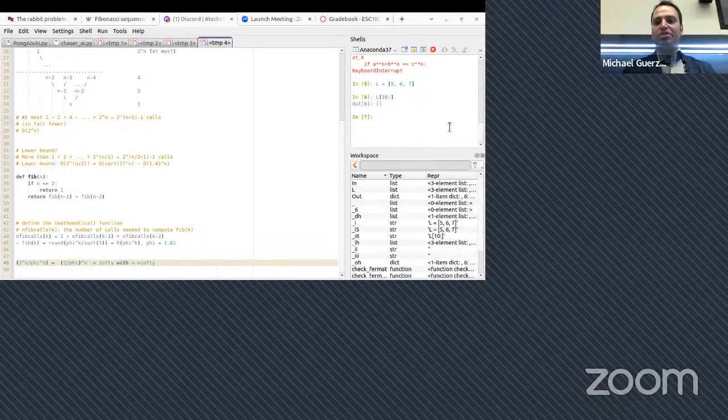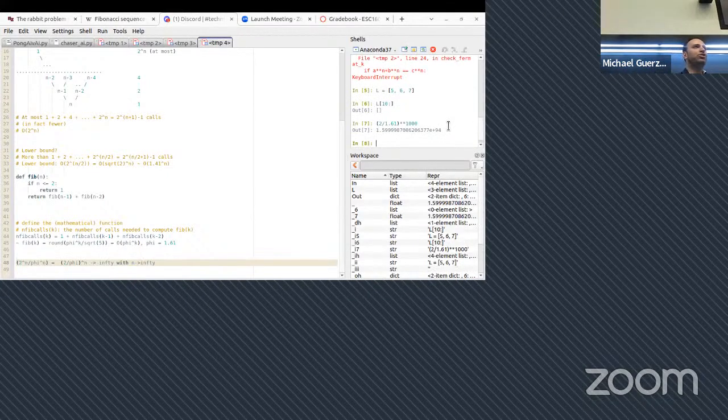So, for example, this would be this much for n equals 1,000. Right, so O of 2 to the n and O of phi to the n are actually very different estimates, is my point. Does that make sense?